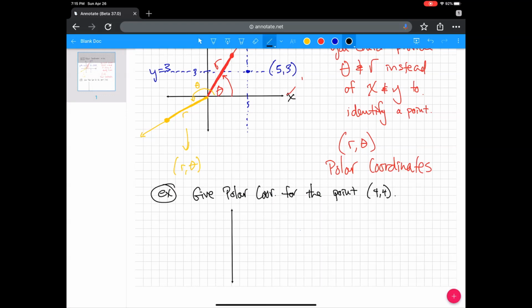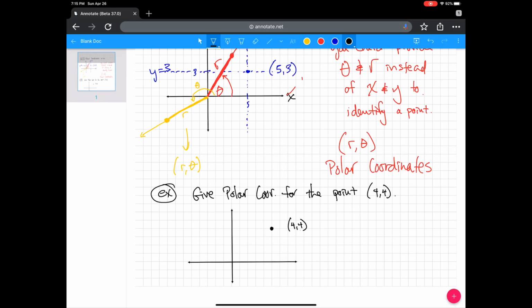There we go. And so I can identify the point just so that we're all clear that 4, 4 is 4 to the right, and up 4 would be right there on my graph. So there's the point 4, 4.